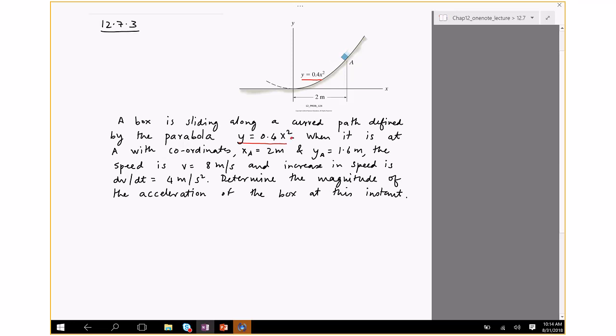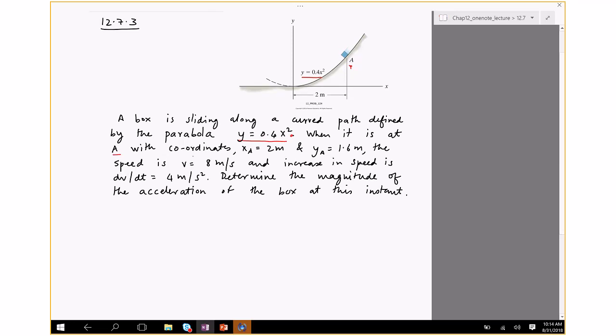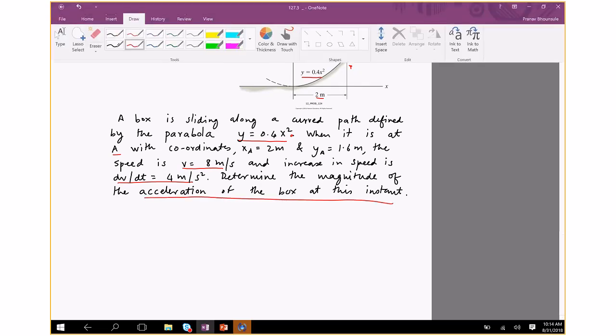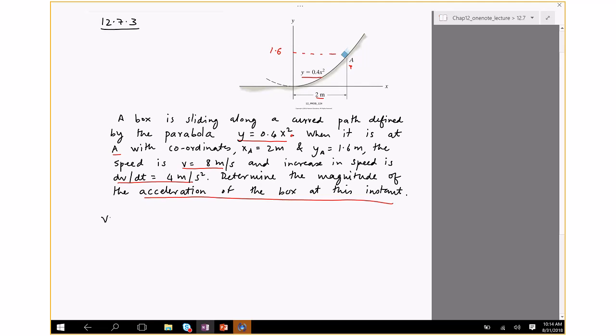When it is at A, with coordinates x equals 2 meters, y equals 1.6, the speed is 8 meters per second, and the increase in speed is 4 meters per second squared. Determine the magnitude of the acceleration of the box at this instant. So let's put that in terms of the variables we have. So v is 8, v dot is 4, and the magnitude of the acceleration is unknown.